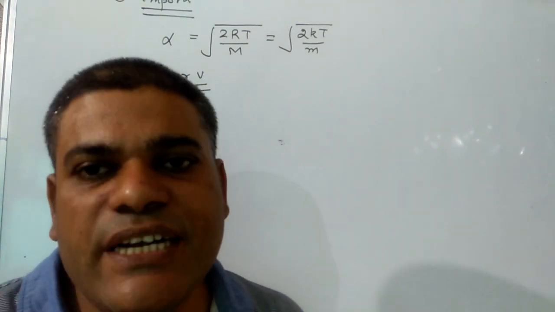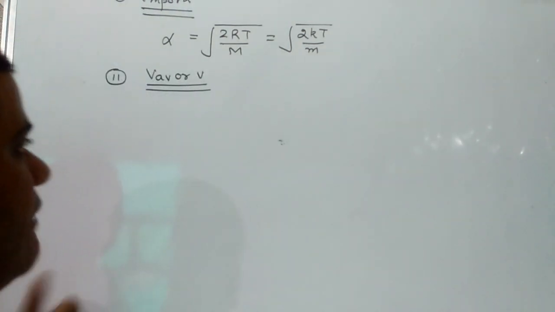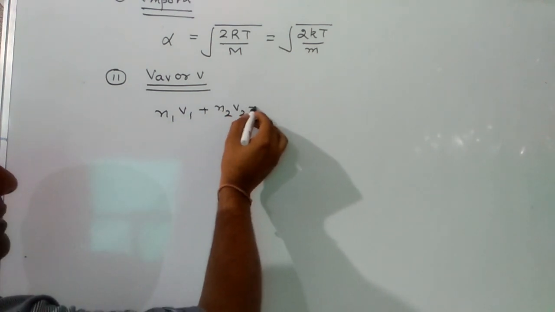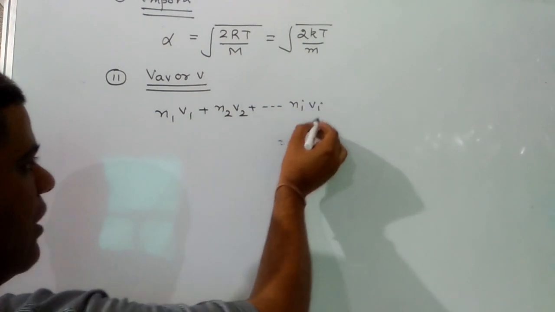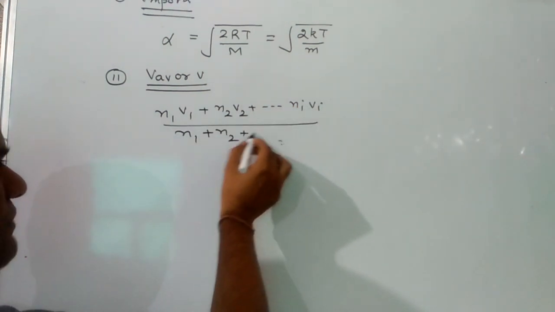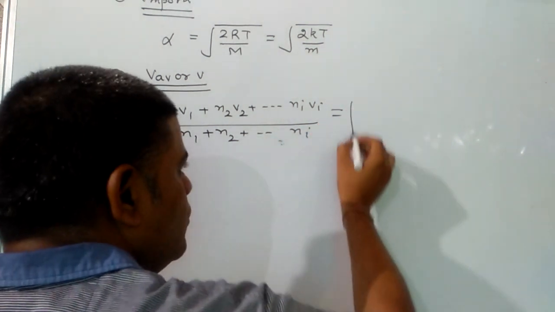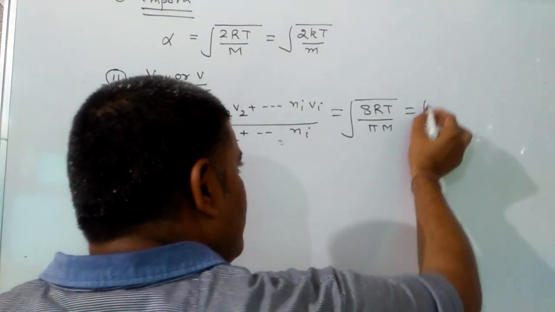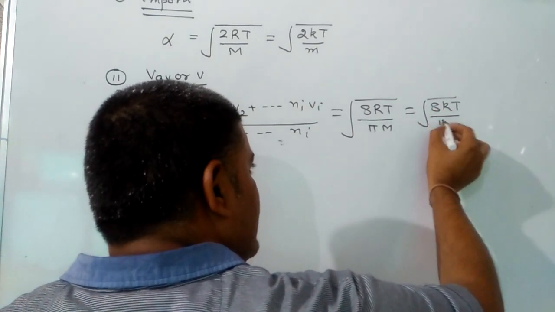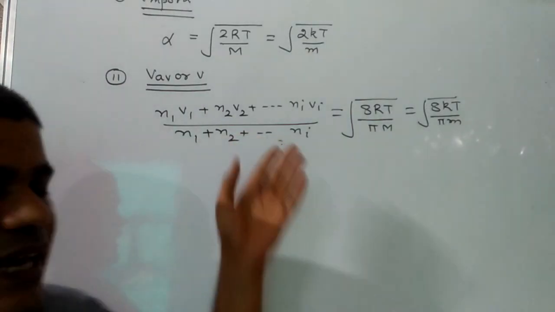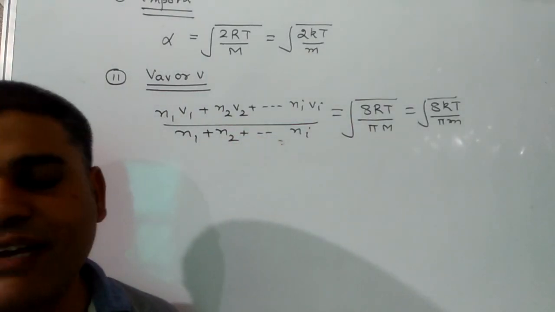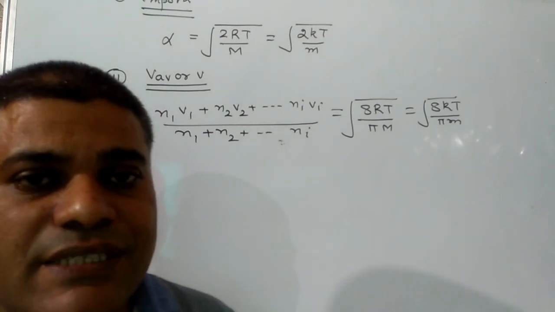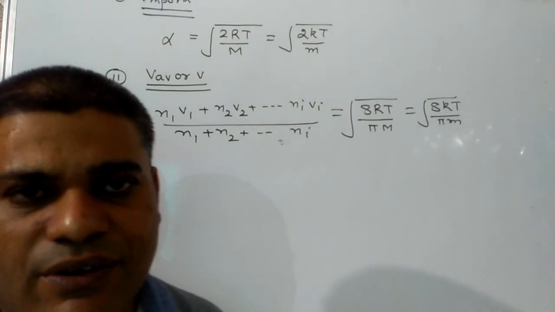Mathematically, it is n1v1 plus n2v2 and so on up to nivi, upon n1 plus n2 up to ni, and it is equal to root of 8RT by pi M, or root of 8kT by pi small m, where n1, n2, ni are the numbers of molecules of the gas, v1, v2, vi are their velocities, R is the universal gas constant, T is temperature in Kelvin, pi is the mathematical constant, M is the molecular mass of the gas, k is the Boltzmann constant, and small m is the mass of each molecule.